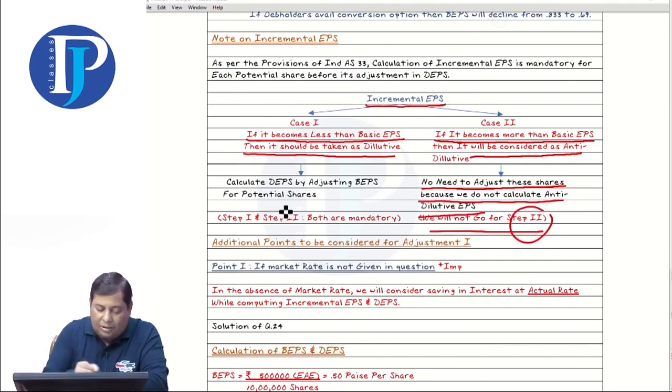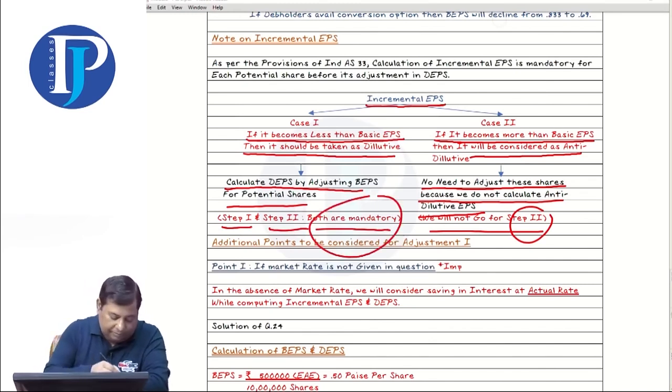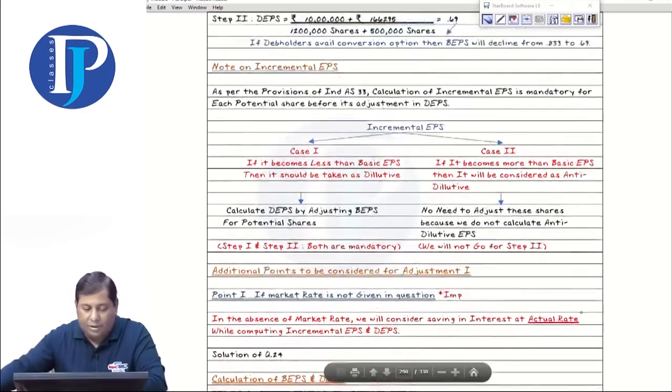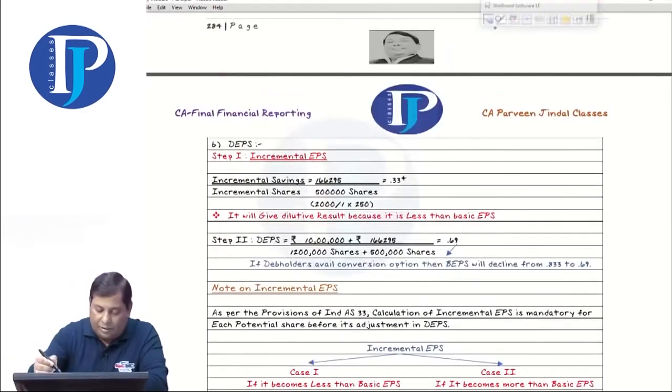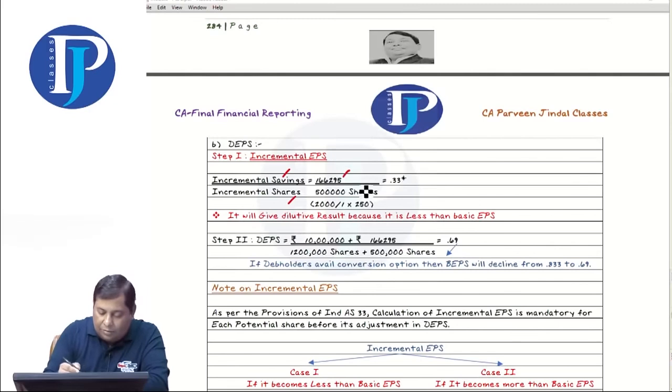Don't proceed further. But if this is less, then calculate diluted EPS and go to the next step. Step 1, step 2, both are mandatory. Which step was this? Calculating incremental. Second step, then adjust this and find dilutive.